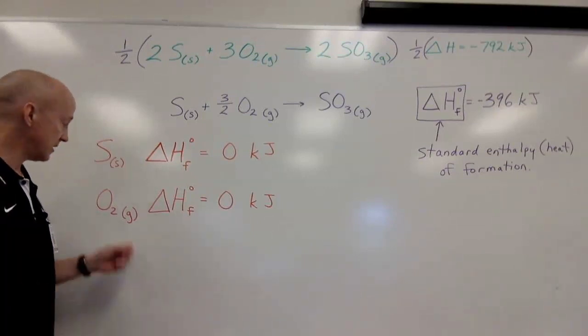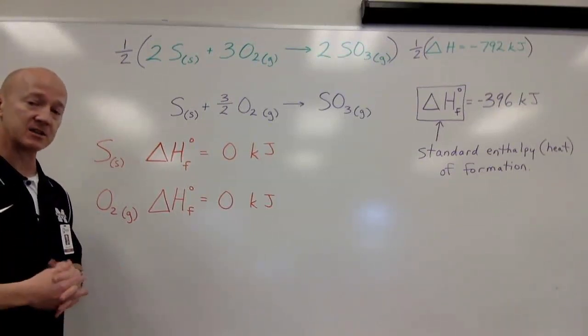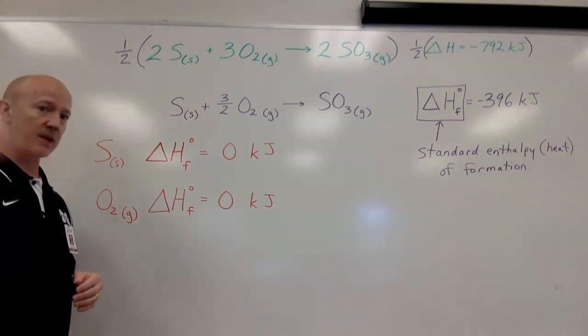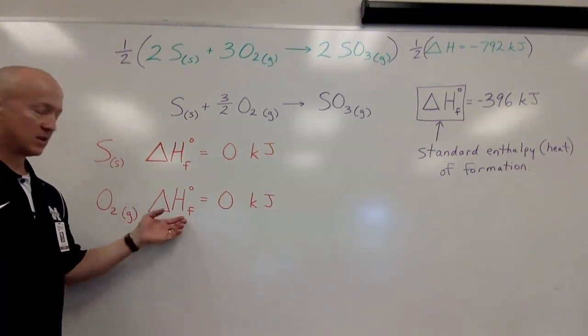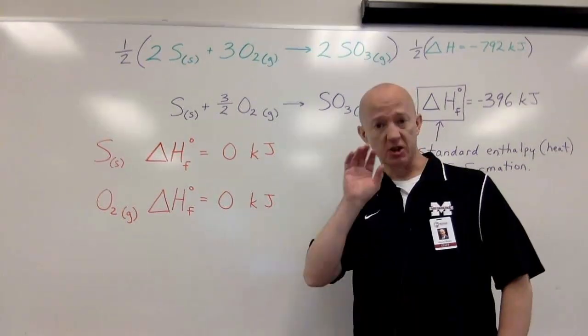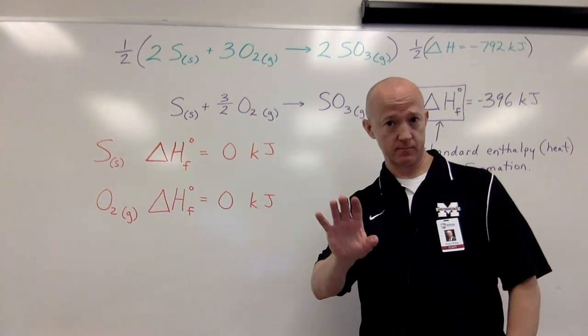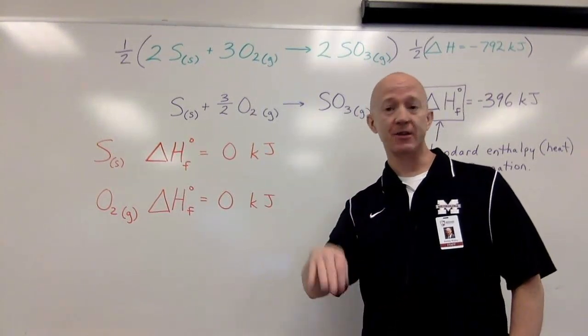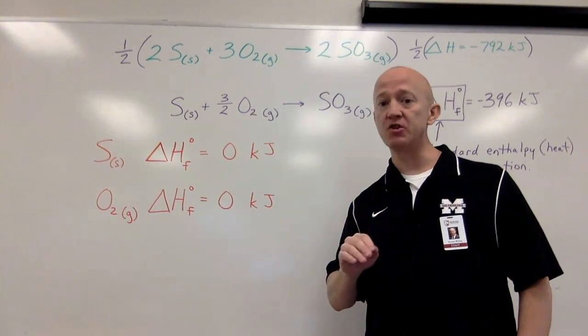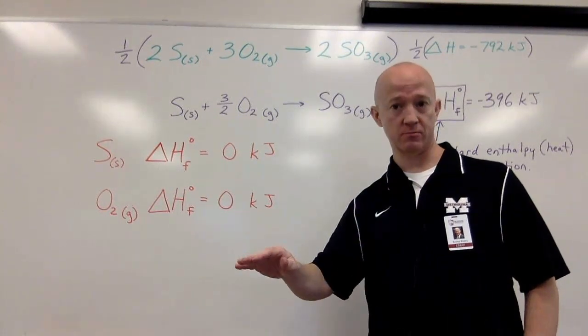And likewise, oxygen is normally in a gaseous state, isn't it? So that requires no energy to become gas. It already is gas. Its heat of formation would be 0 as well. Just to make sure we're clear, elements in their standard states have an enthalpy of formation of 0.